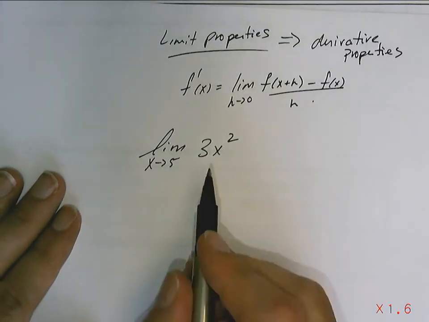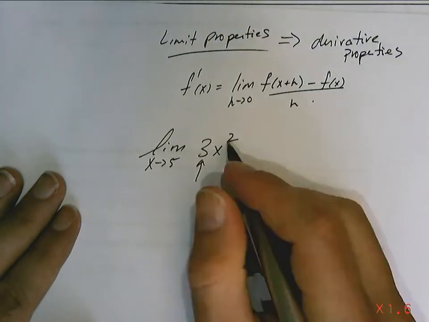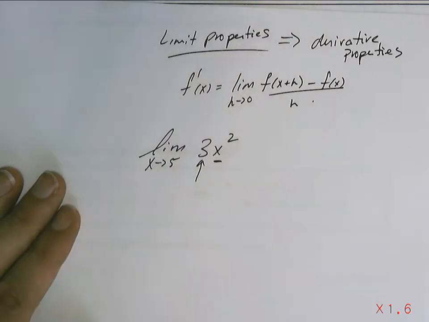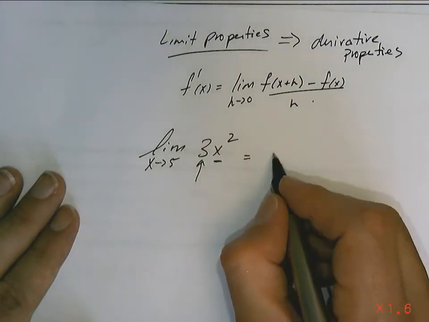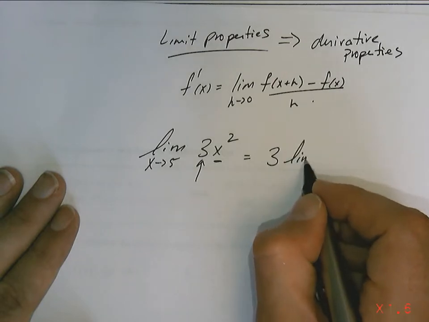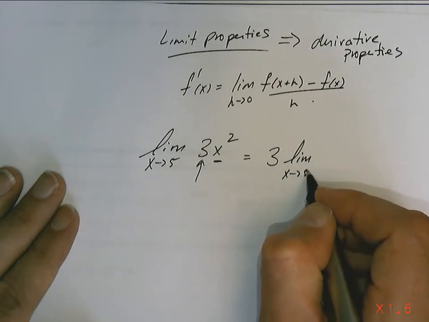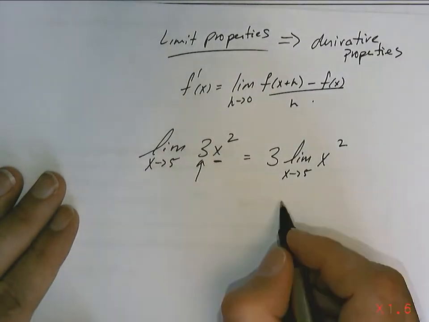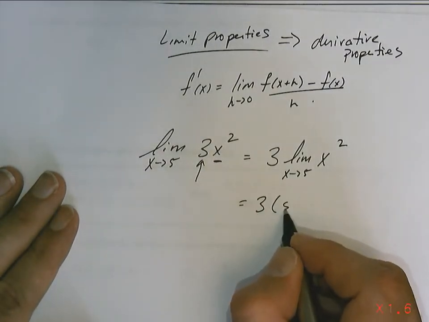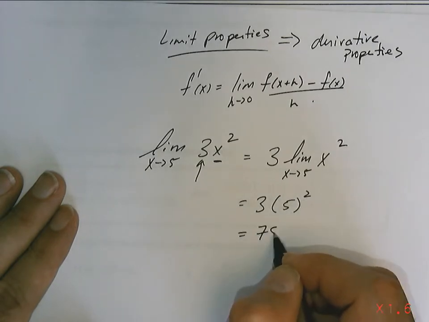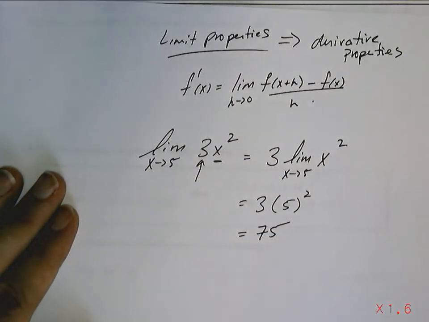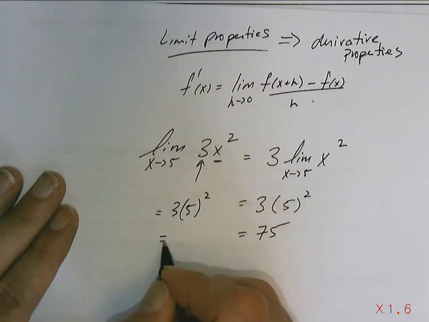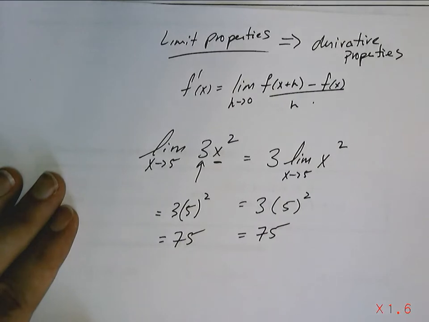if I had a constant times a function, and I was asking for the limit of a constant times a function, that was simply equal to the constant times the limit of the function, which gives us this one. Okay?